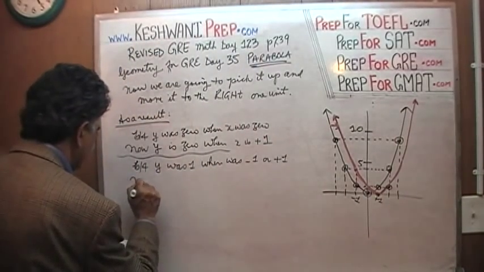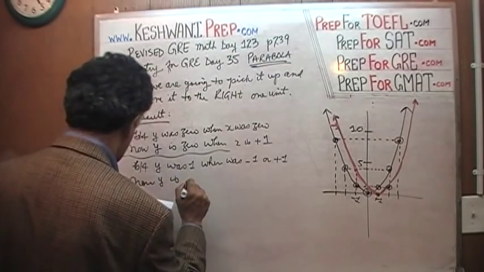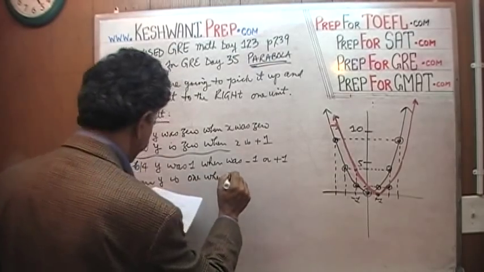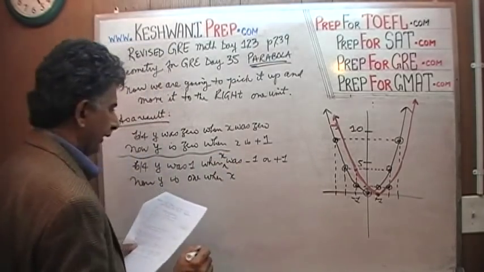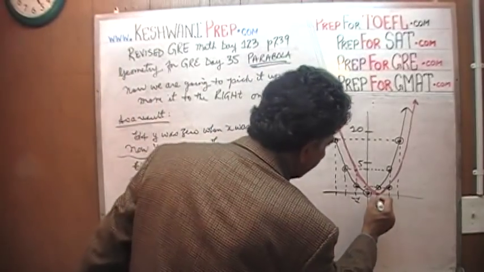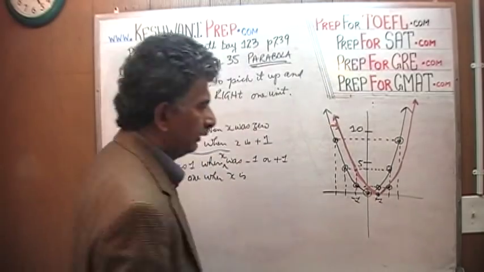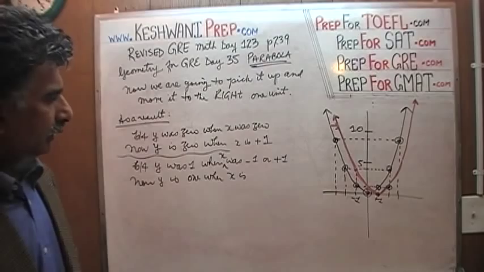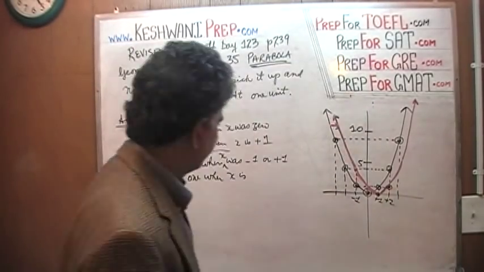Now, however, y is 1 when x is 2, right here.